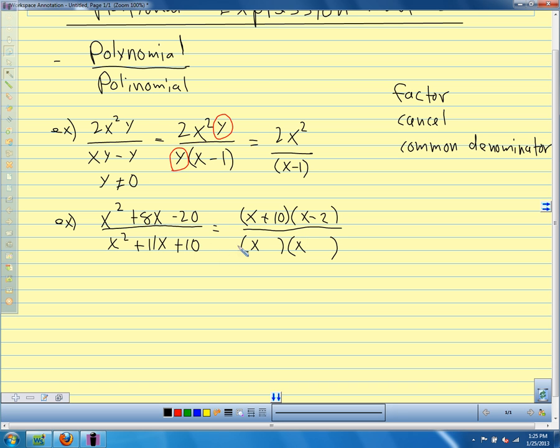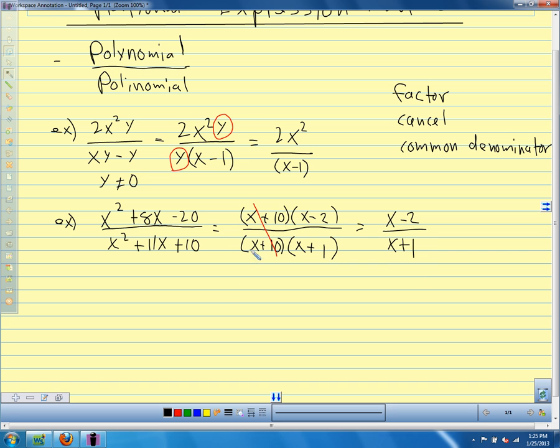So how is this one going to factor? x plus 1, x plus 10. And we get the x plus 10 and x plus 10 canceling, like we thought might happen, and this is x minus 2 over x plus 1.